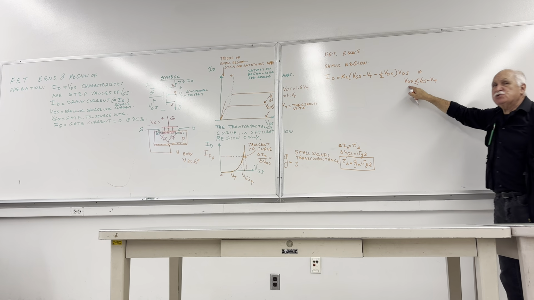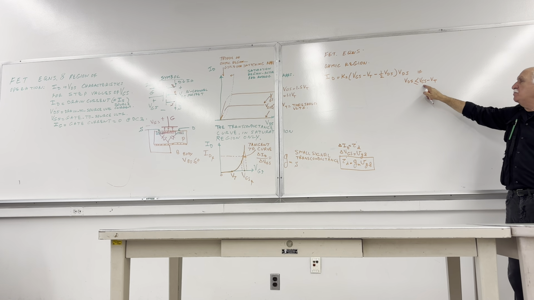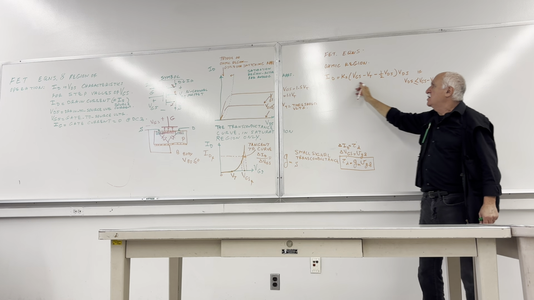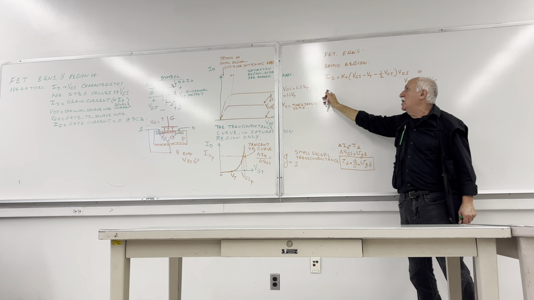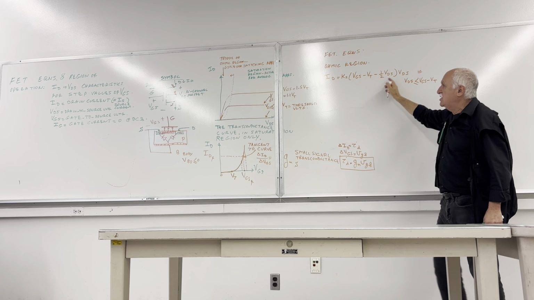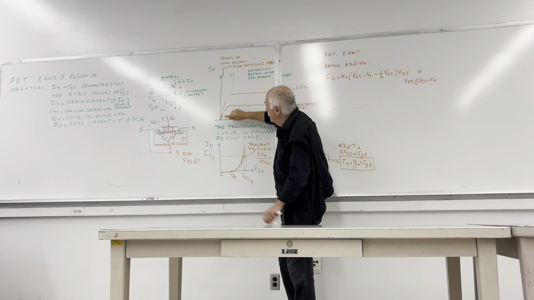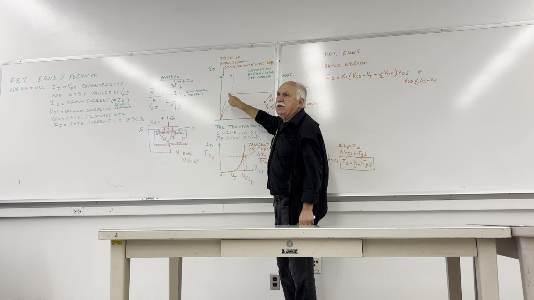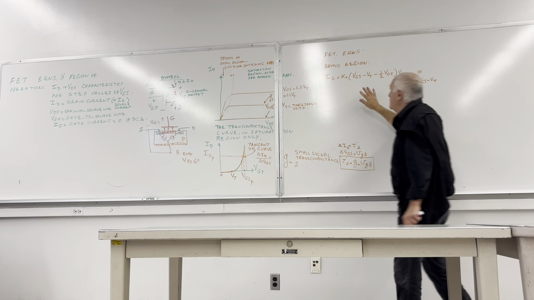So if your drain source voltage is small compared to the difference of the gate to the VT, the transistor will obey a parabola. This is a parabola, ID against the VDS. It's this parabola. Near origin, it's almost linear, but then it starts bending. Okay? In that range.